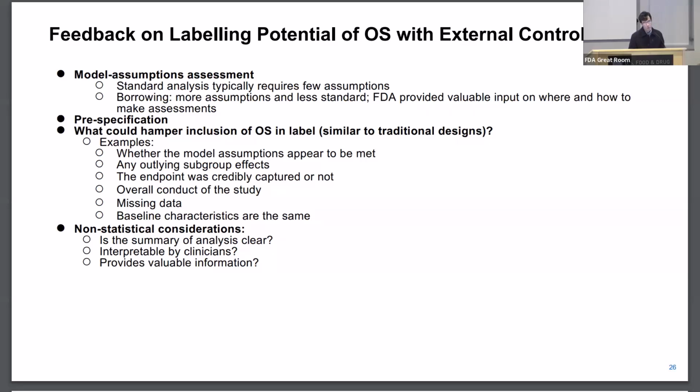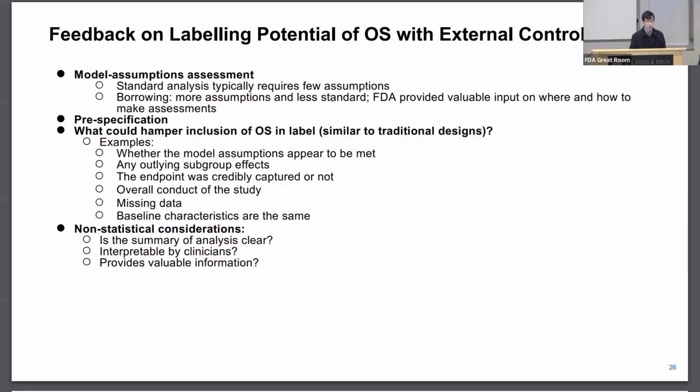And then another consideration unique to this case would be what could hamper inclusion of overall survival in the label. For example, whether the model assumptions appear to be met, any outlying subgroup effects, is the endpoint credibly captured or not, overall conduct of study, missing data, as well as, for example, whether the baseline characteristics are the same.